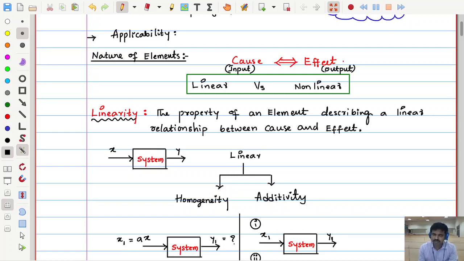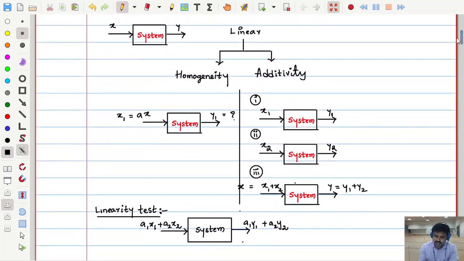So this cause and effect relationship must be directly proportional. Such elements we call linear elements. So let us elaborate on linear elements, or linearity, in a little more depth, since we come across these things again and again.